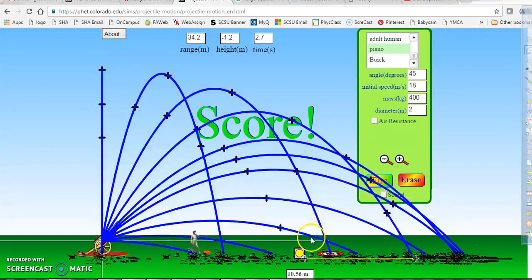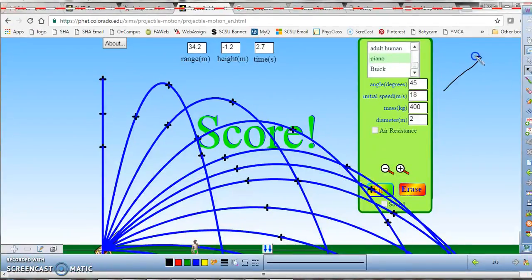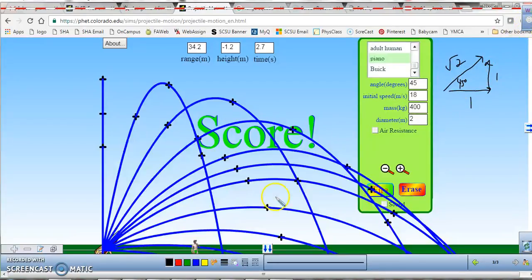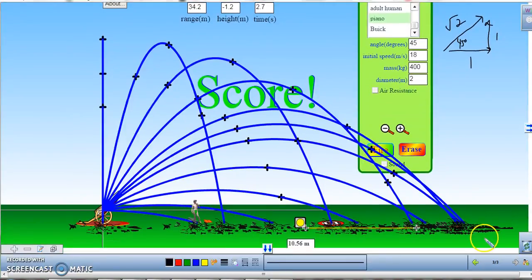Now, the reason is because you have just as much velocity in the x as the y, because remember, a 45-degree angle has equal sides in x and y. So this is 1, this is 1, this is square root 2. So with that said, you have a lot of the horizontal component, which allows you to go all the way over here. So you get max range at 45.